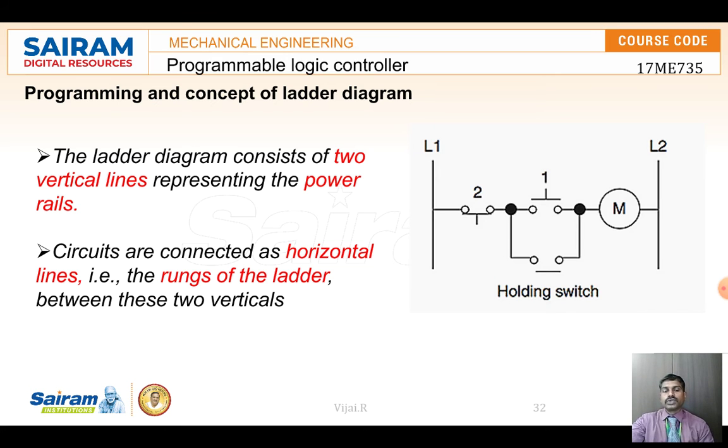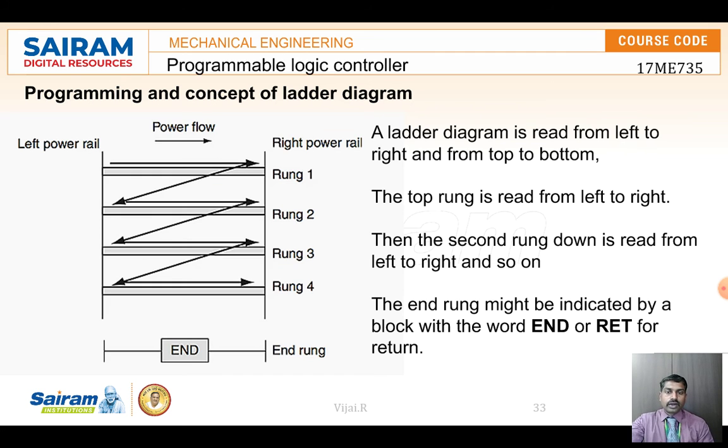Two vertical lines are the power lines, and the horizontal lines are the ladder lines. I hope you have understood the concept of how to draw this ladder. To read these instructions, there are two rails, and the rungs start from the top to bottom. We have to read from left to right across the rail, and then from top to bottom.